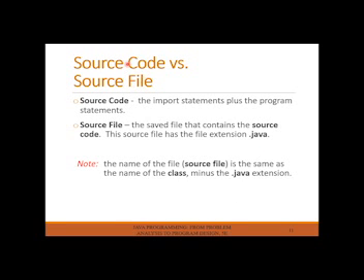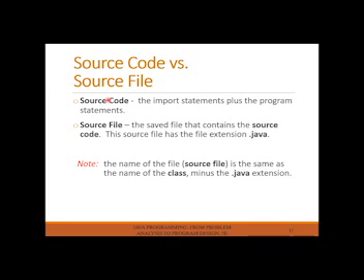Now, what is a source code and what is a source file? Source code is the import statements plus the program statements. The whole program you made, that's called a source code. Okay? What was written by the programmer. All of that, the import statements, the class naming, and the program statements. Now, the source file, on the other hand, is the saved file that contains the source code.